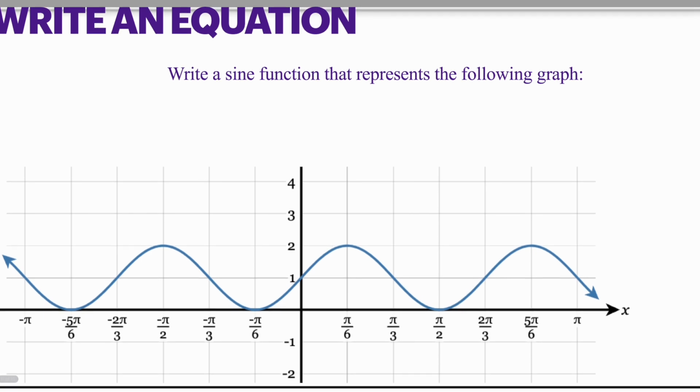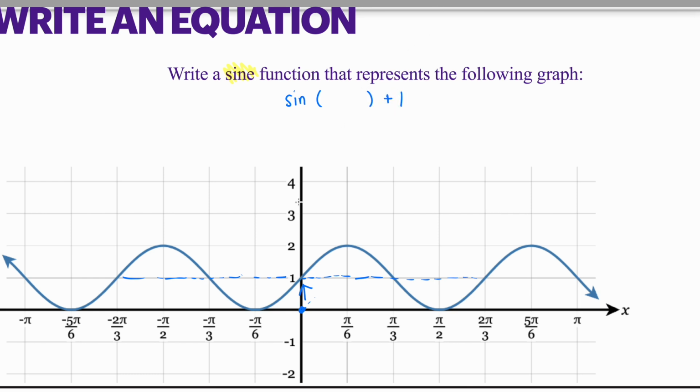So let's look again. This is a sine graph. The first thing I'm going to do is, I know that sine starts at 0, 0, and then it's supposed to go up and back down every 2 pi. This midline, if you were to cut this function in half, it went up 1, which means we know that it is going to be sine plus 1.